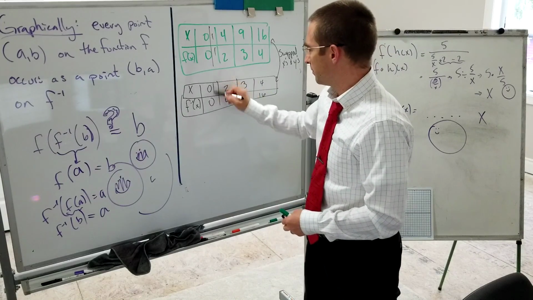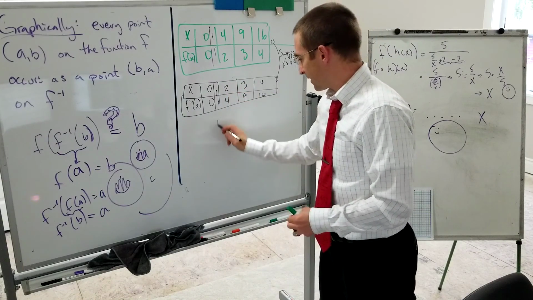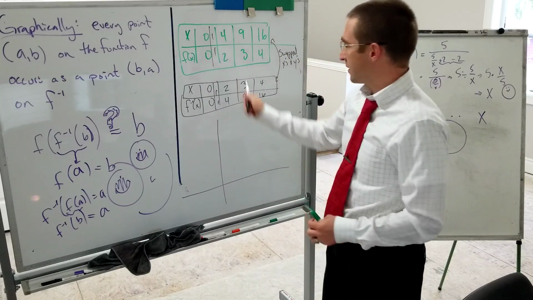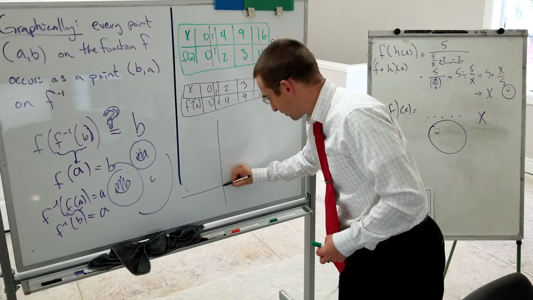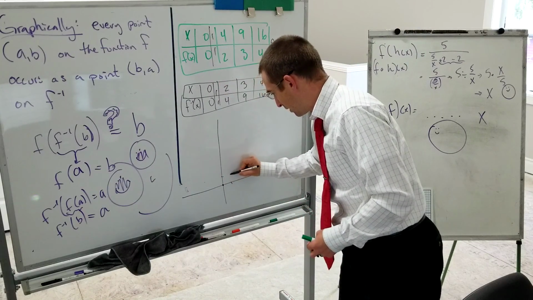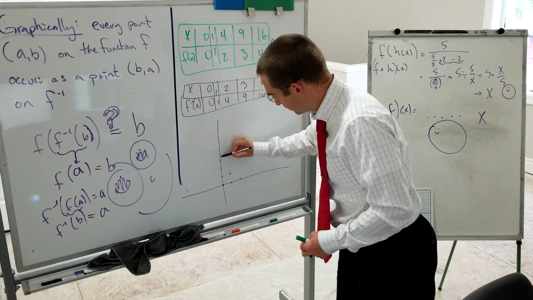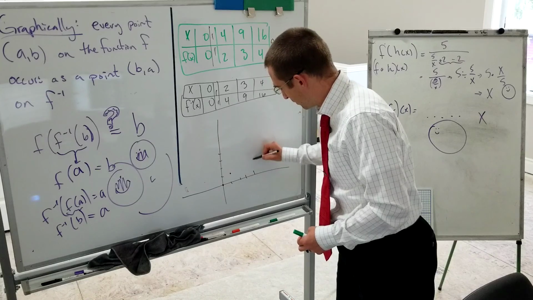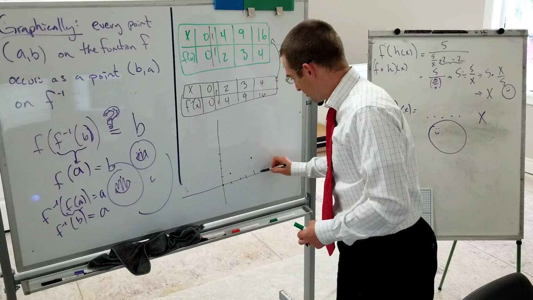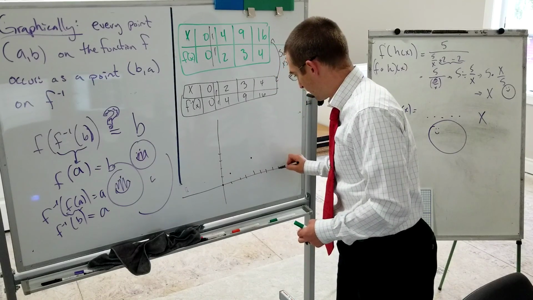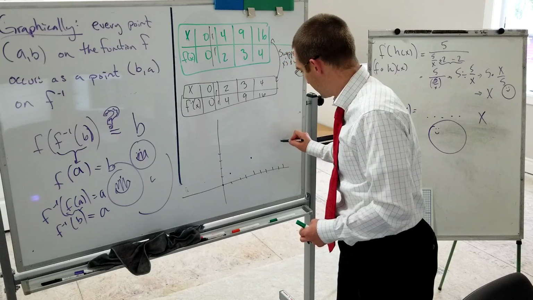Cool. Now, and sorry, I should have had this in there: 1, 1. If I sketch this graph, 0, 0, 1, 1, 2, 3, 4, 4, 2, 7, 8, 9, 3.